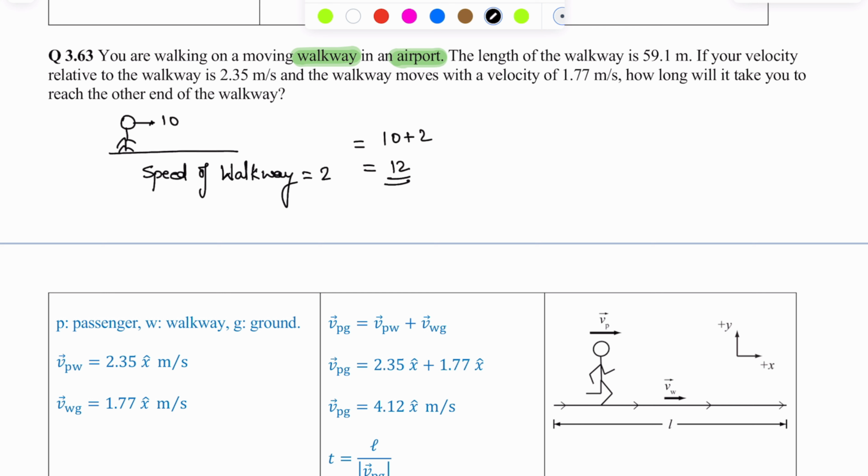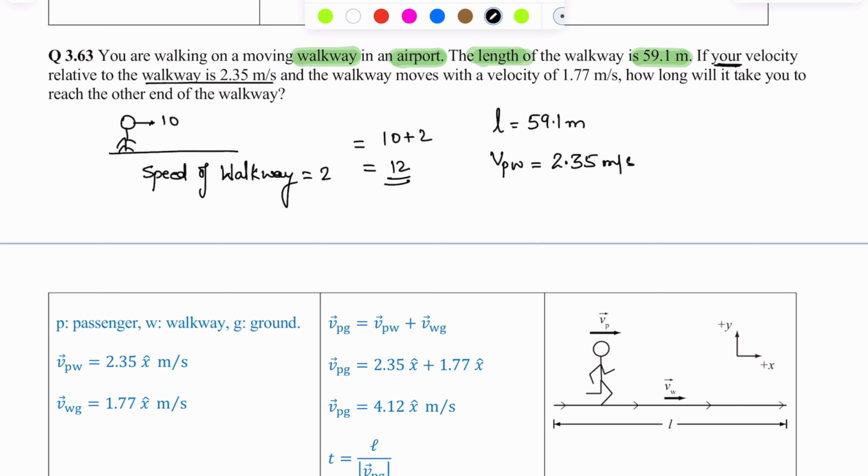Now you can solve the question in a very easy way. The length of the walkway is 59.1 meters. The velocity of the person with respect to the walkway is 2.35 meters per second.